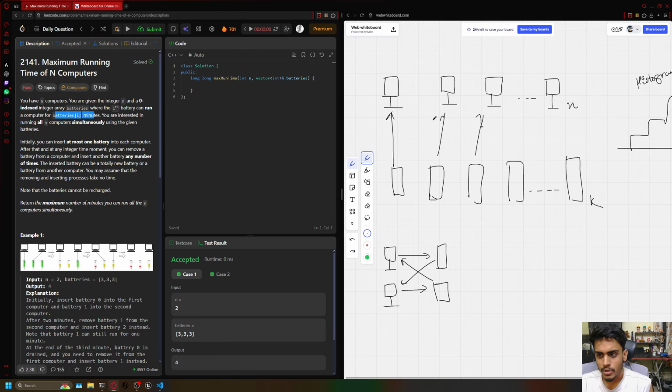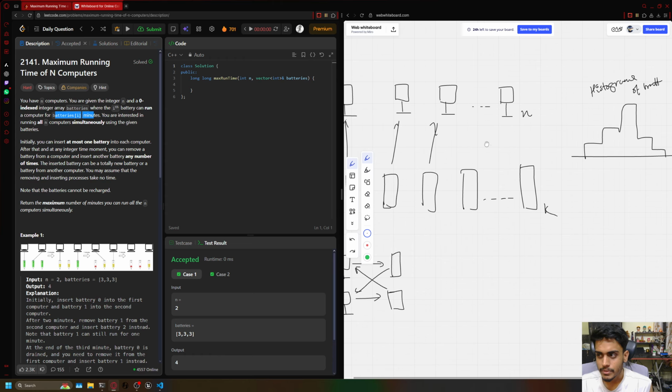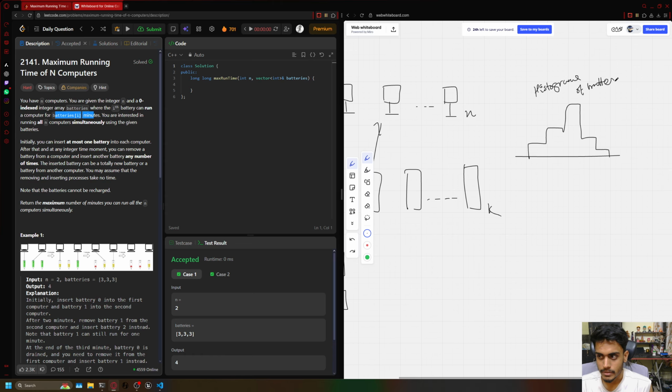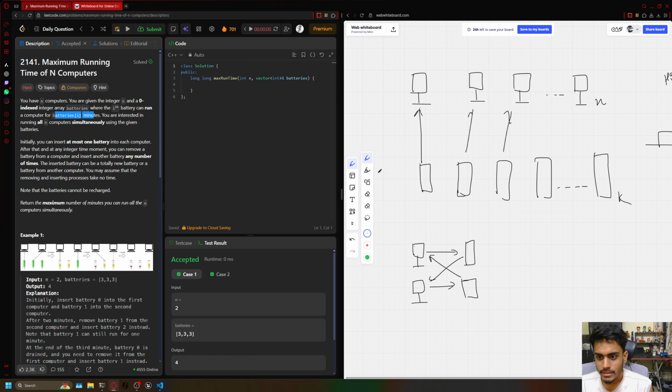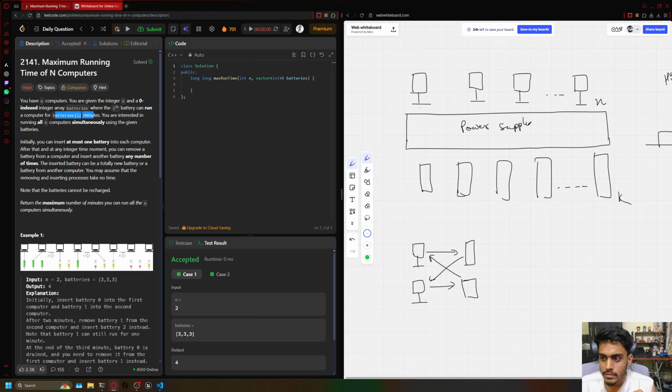From that analogy, we can think of there being a layer that is a constant power supply. Since there is no disconnection happening when we are switching out batteries or plugging new batteries into a system, the computers are still running.